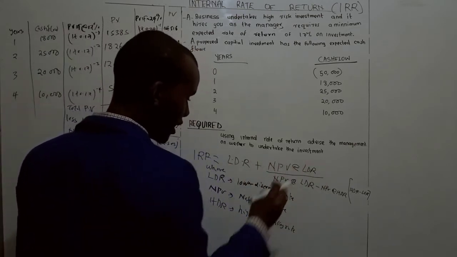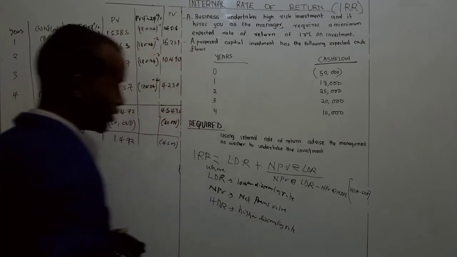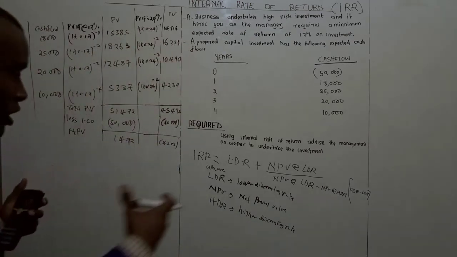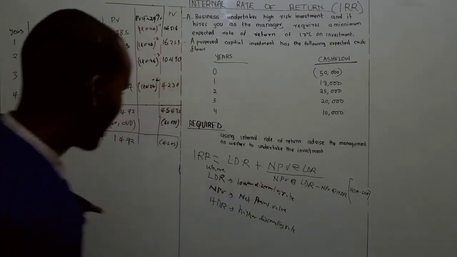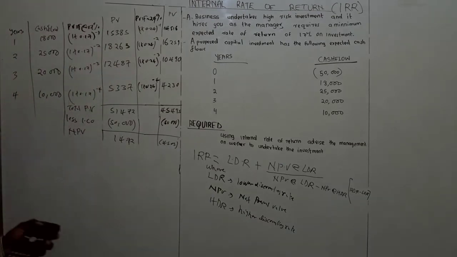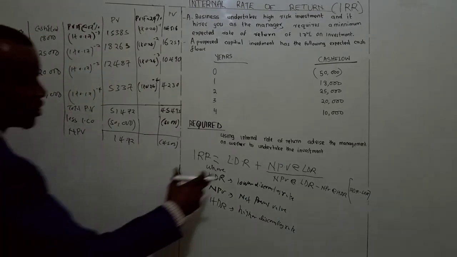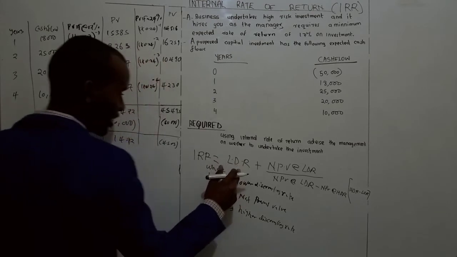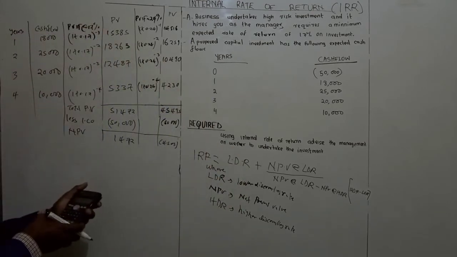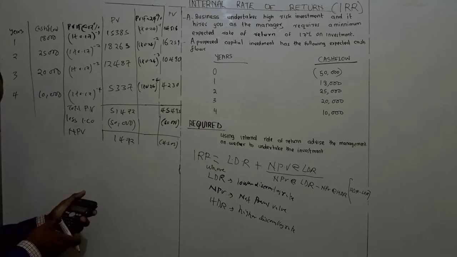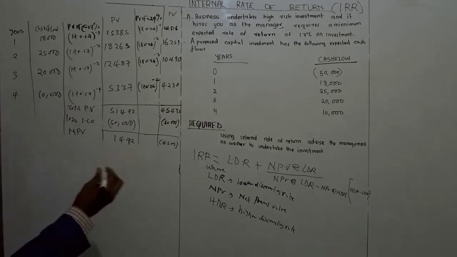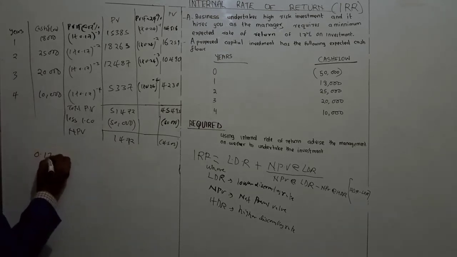We have the NPV at the lower discounting rate and the NPV at the higher discounting rate. Now we use the formula to get the IRR. Let's start with the lower discounting rate, 17%, which is 0.17.